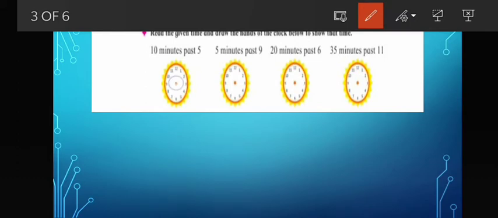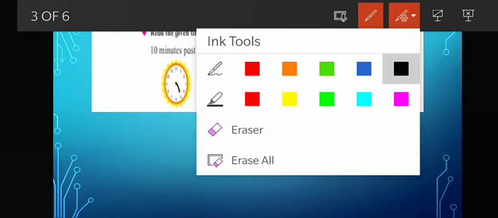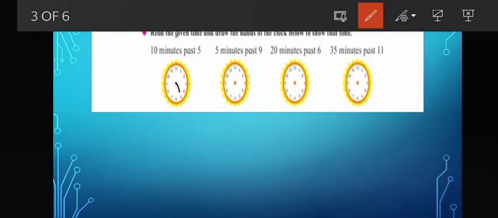Sorry, children. And 10 minutes: 5 ones are 5, 5 twos are 10. So the hours hand is at 5 and the minutes hand will go at 2. Correct? The minutes hand is always longer than the hours hand, and the minutes hand moves faster than the hours hand.